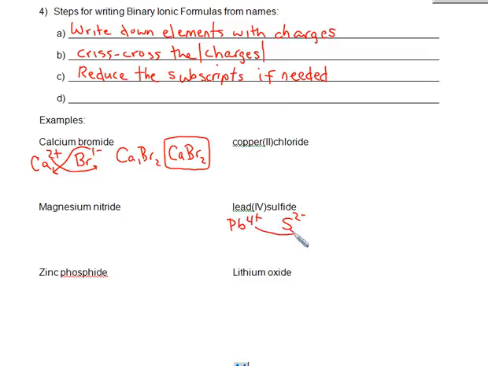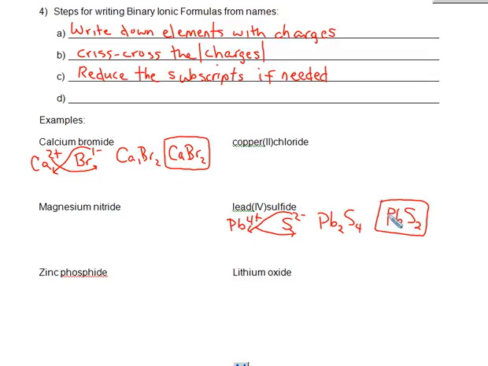So we crisscross the charges, and we end up with Pb for lead 2S4. However, we can divide both of these by 2, so we will. So this is going to become PbS2. And this is the correct formula here.